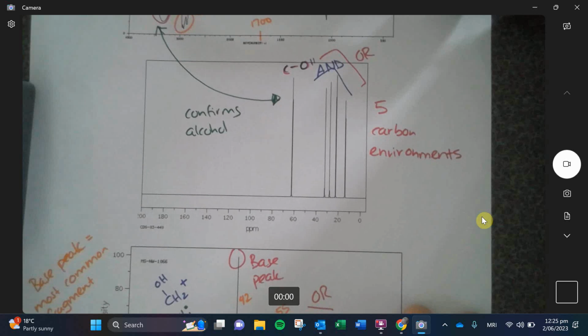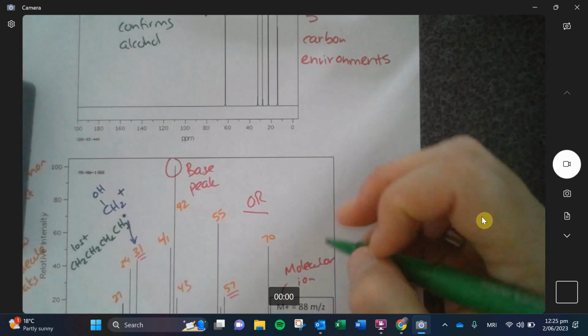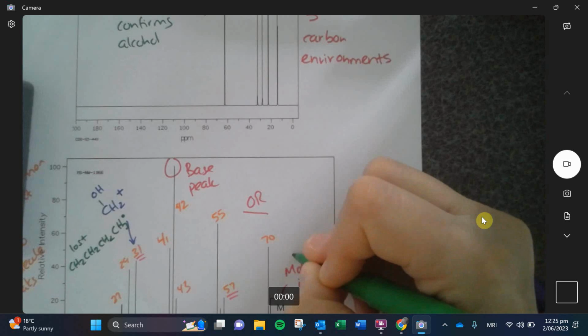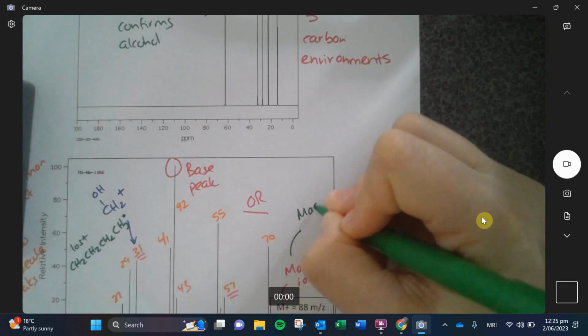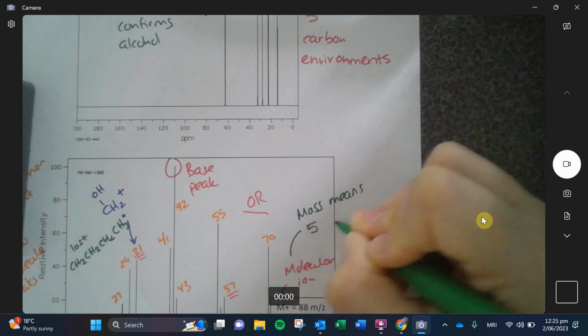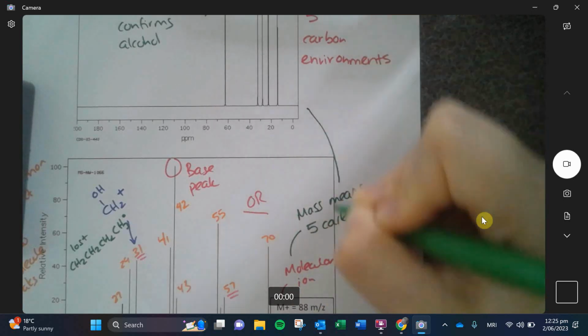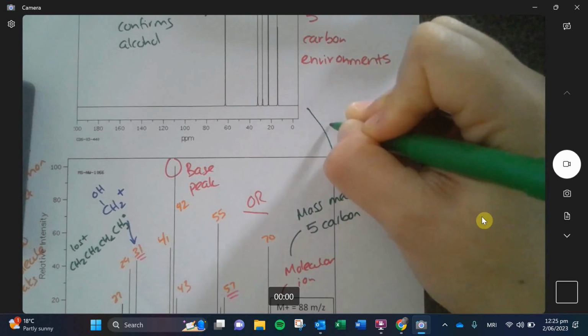This one over here, if I wanted to link these two spectra together, I would say that the mass means that there are 5 carbons, and these two match. So this says no symmetry.